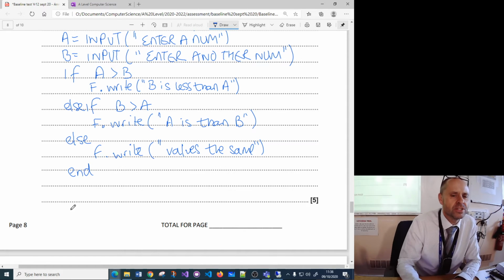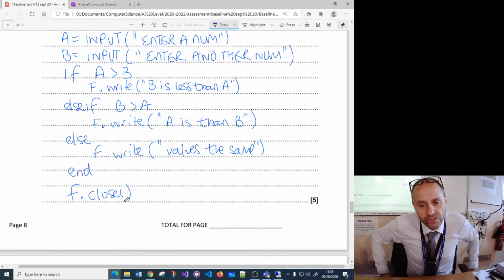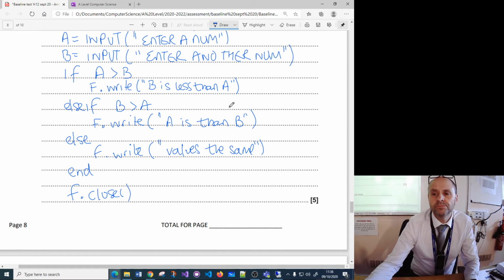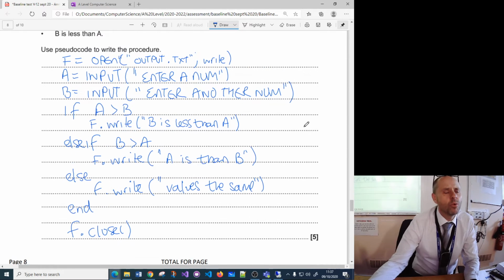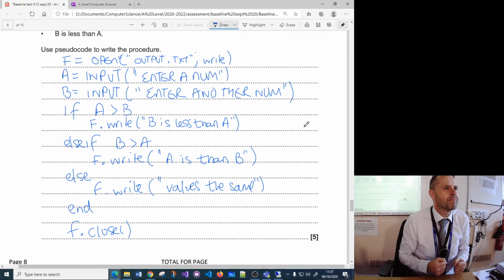Now, does anyone know the technical reason why we have to do this? And to close the file, you just go f.close. That's it. So if you ever get a file question, open a file, close file. That's all you got. You'll get a mark just for doing that, generally. Anyone know technically why we close a file? Go on, go for it.